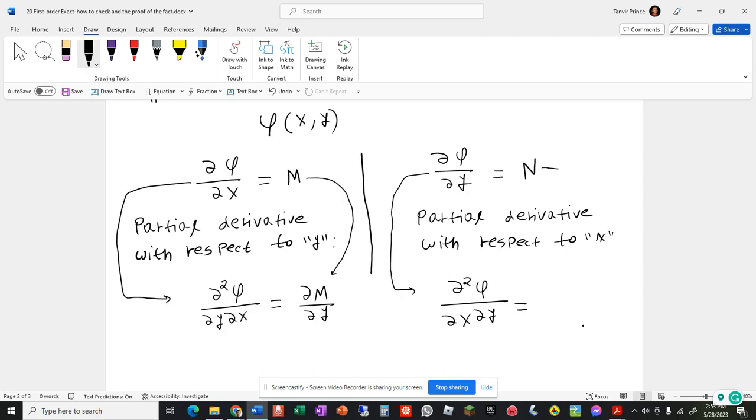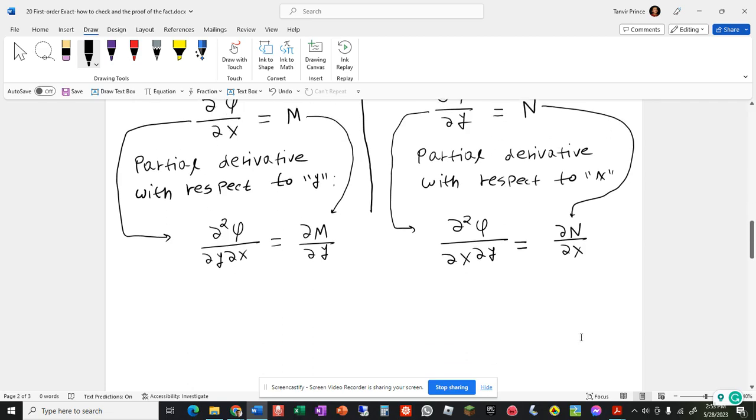And when I take the partial derivative with respect to x, this is simply the partial derivative of n with respect to x. Now we're going to assume all the partial derivatives of phi, m and n are continuous in some region.